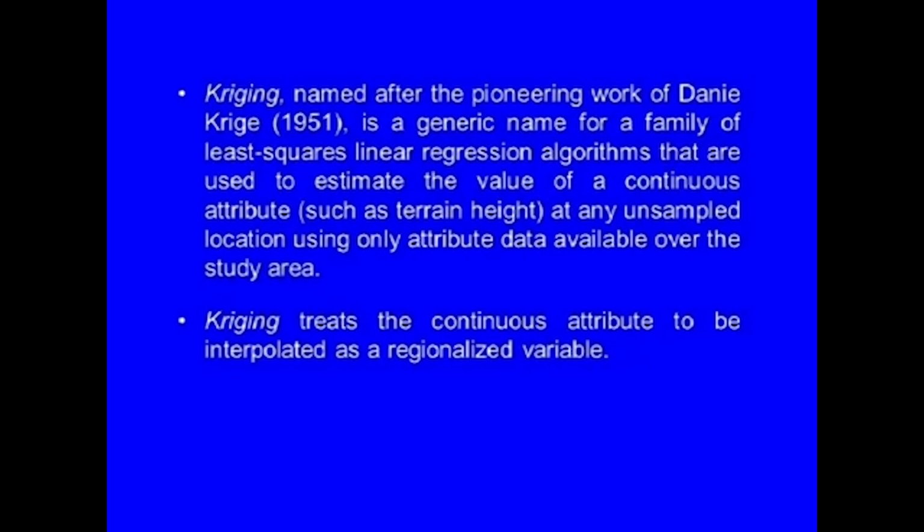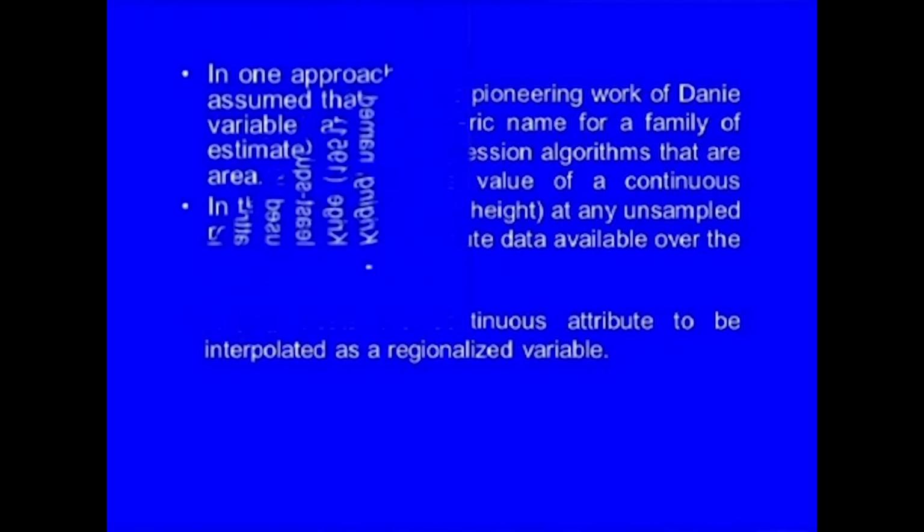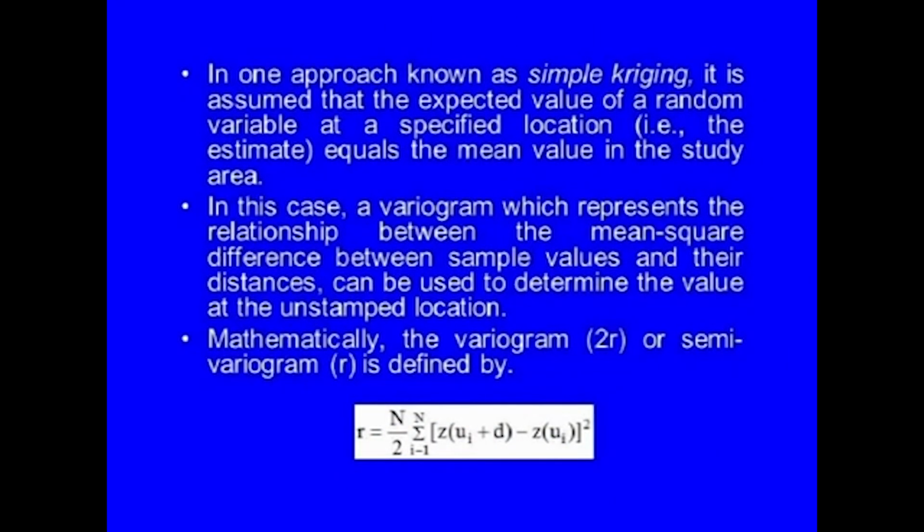Kriging treats the continuous attribute to be interpolated as a regionalized variable. In one approach known as simple kriging, it is assumed that the expected value of a random variable at a specified location, that is the estimate, equals the mean value in the study area.